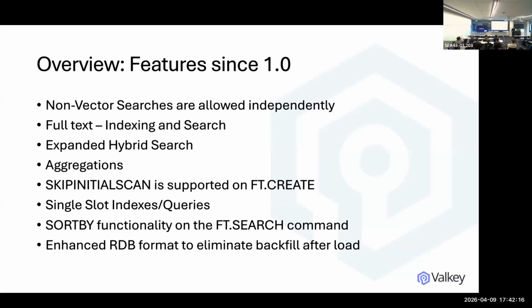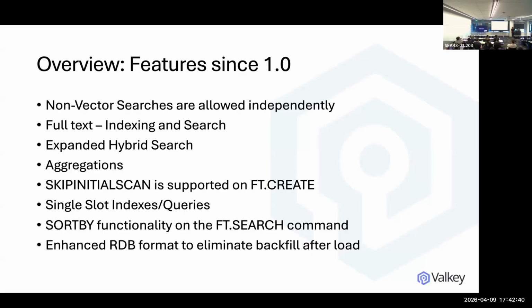Yes, so these were some of the functionalities that were available in 1.0, and since then we've made a lot of improvements. Some of the big ones are that you can now perform non-vector searches. Previously you were required to have a vector in your index and in your queries. Now we can just perform numeric or tag searches independently.